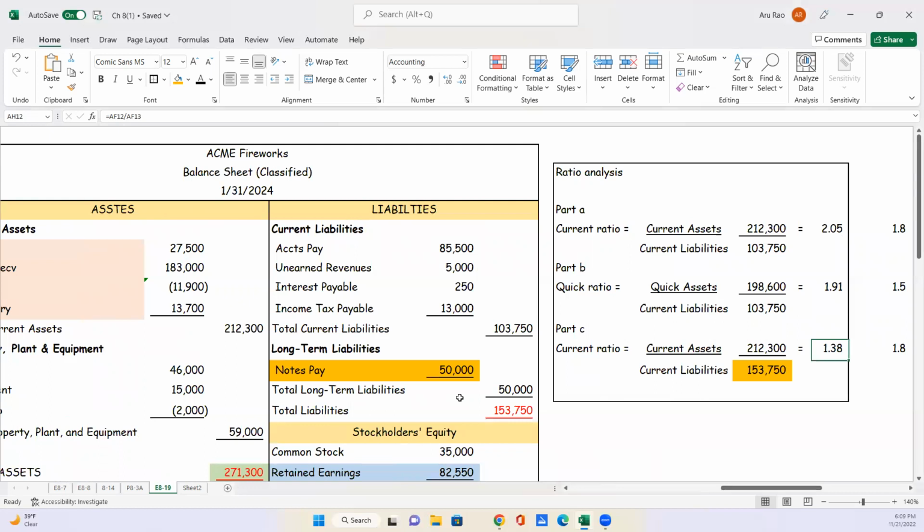Now, something to keep in mind: anytime a company has a long-term liability, it should not be a surprise that this liability is going to be due. So they should be prepared for it, and they should have money set aside for it. They shouldn't be using money from current assets in order to pay a long-term liability. So if they have money set aside, then they are fine.